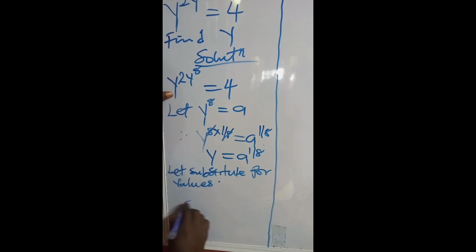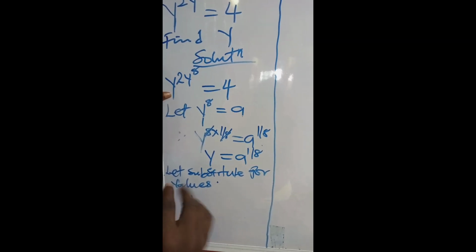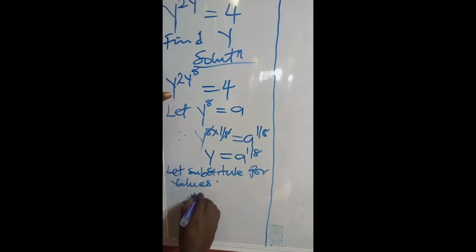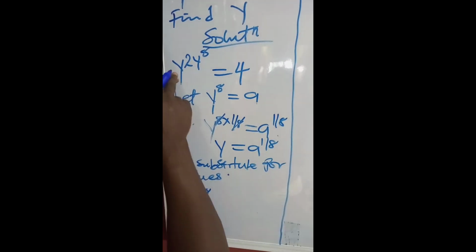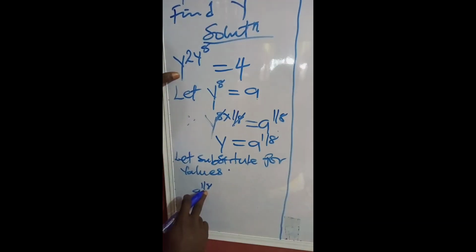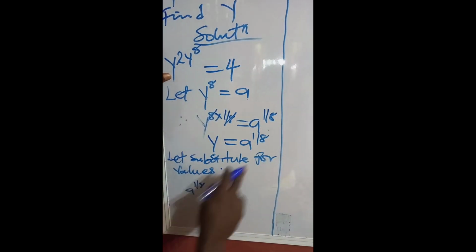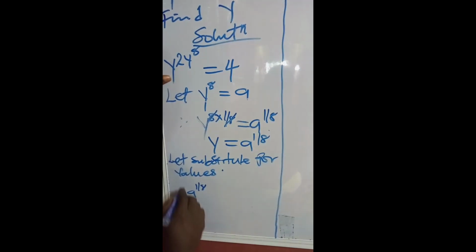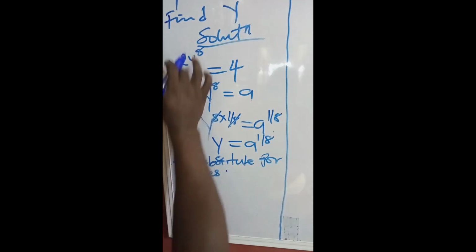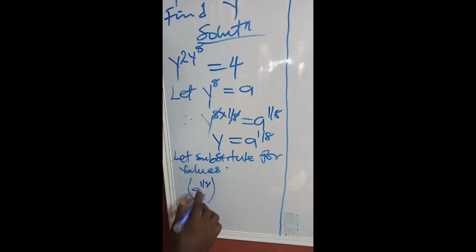Therefore, we are going to have A raised to power 1 over 8 as the value of y here. Remember, this y has been replaced with A raised to power 1 over 8.